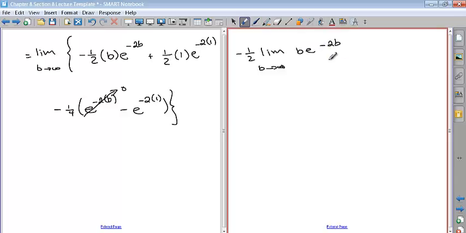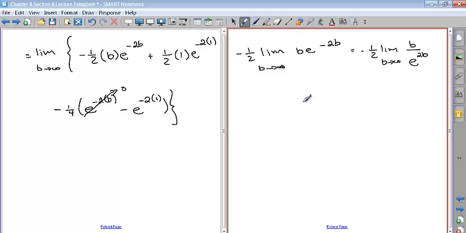So you get an indeterminate form. But we can't use L'Hopital's rule directly, so we have to rewrite it just like we did before, where you take b divided by e to the positive 2b. Now you'd get infinity over infinity, which is still indeterminate.